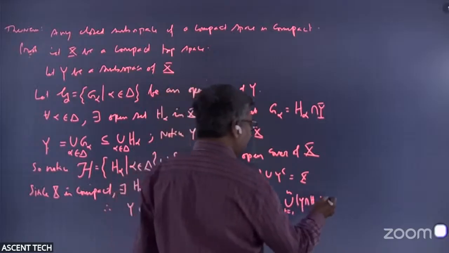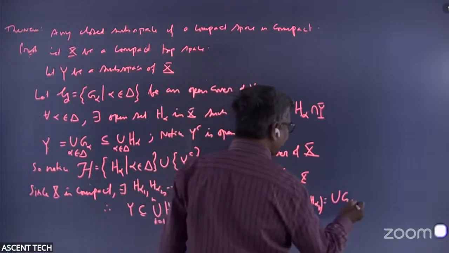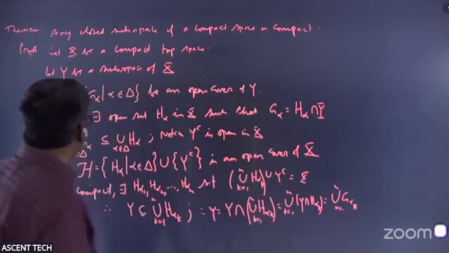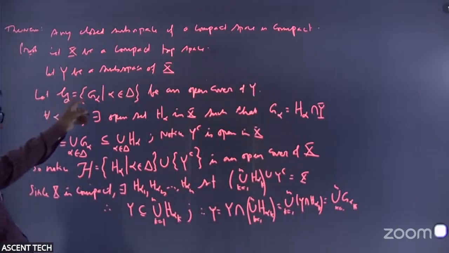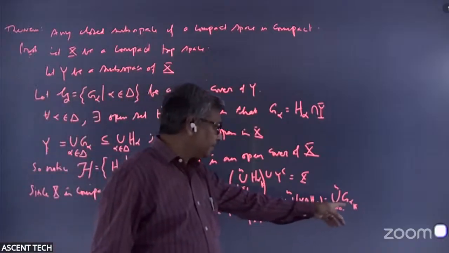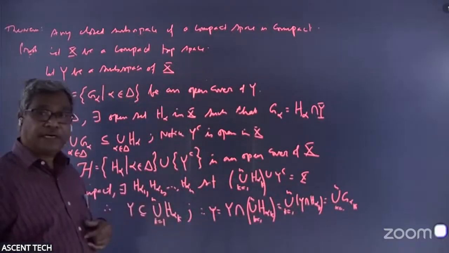Now that is your union of G alpha k, k equal to 1 to n. There you go. I have found a subcover of G. I have found a collection of finitely many elements in G whose union contains Y.